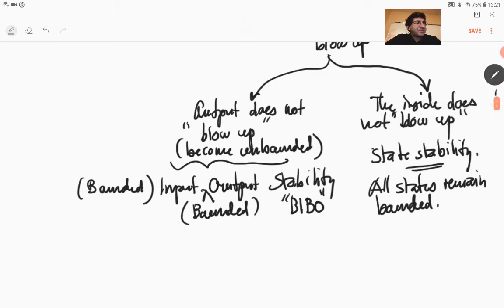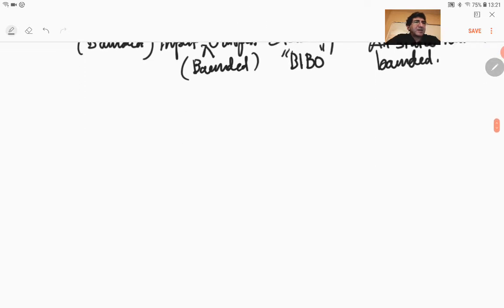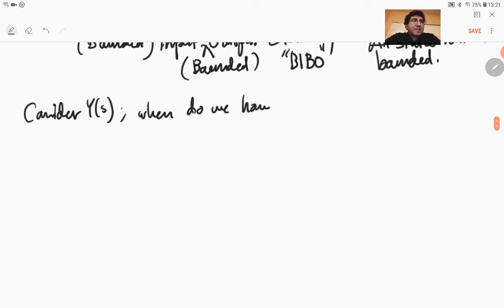So I'm having some difficulty with the slide bar, okay? So if we have a bounded input, or let's say if we look at y of s, consider y of s, when do we have bounded behavior?